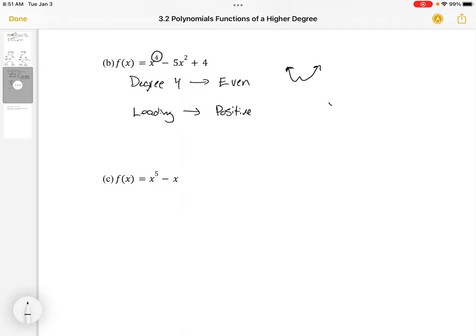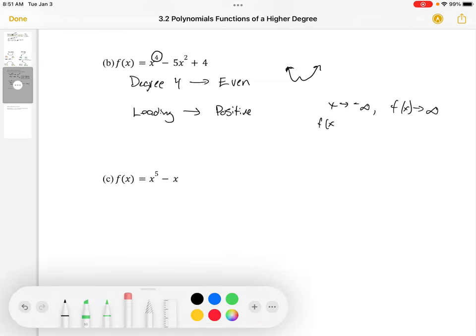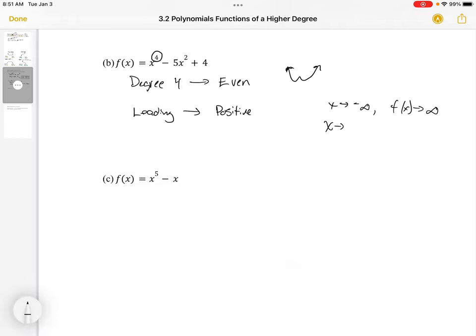So now I can describe my end behavior. As x is going to negative infinity, this is us looking to the left, f of x is going to positive infinity, so it's going up. As x is going to positive infinity, now we're looking to the right, f of x is going to positive infinity again, going up in both cases.